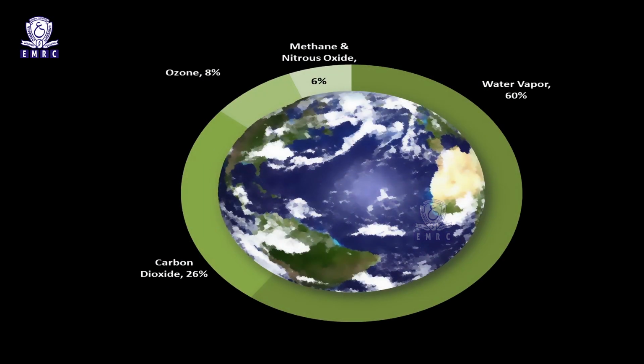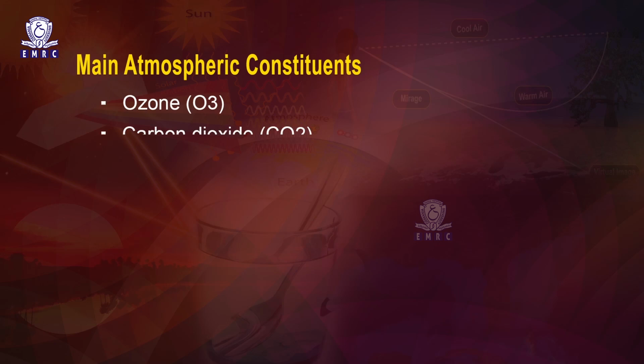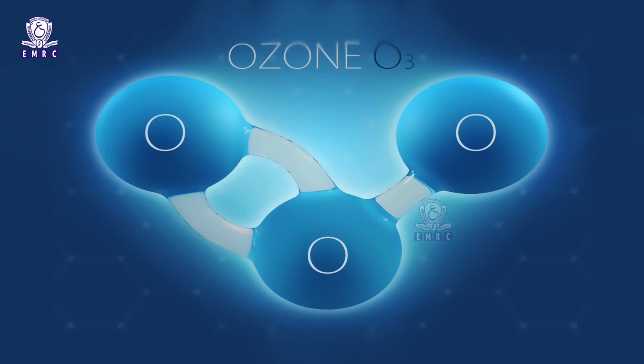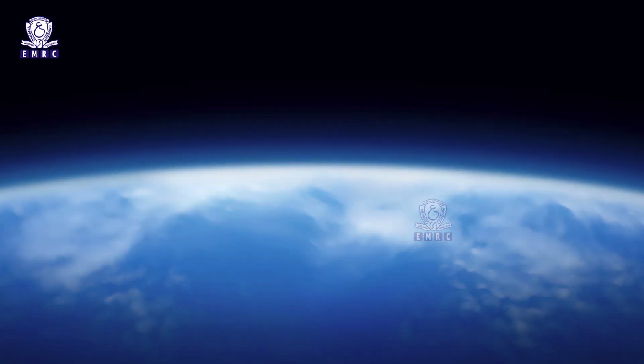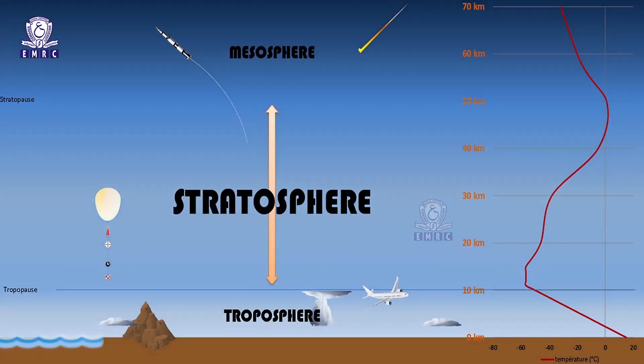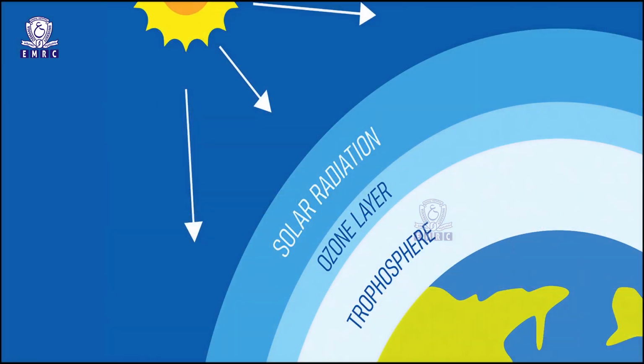There are three main atmospheric constituents which absorb solar radiation. The three constituents are ozone, carbon dioxide and water vapor. Ozone gas, which plays an important role in the Earth's energy balance, has maximum concentration in the stratosphere at an altitude of about 20 to 30 kilometers. Ozone absorbs high energy radiation.